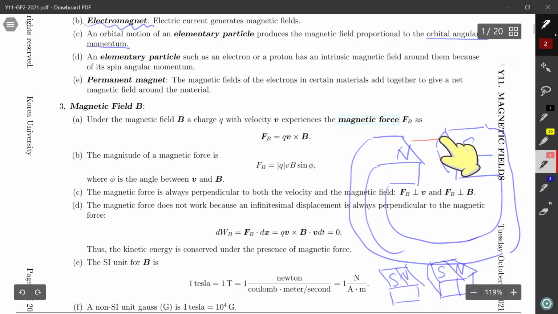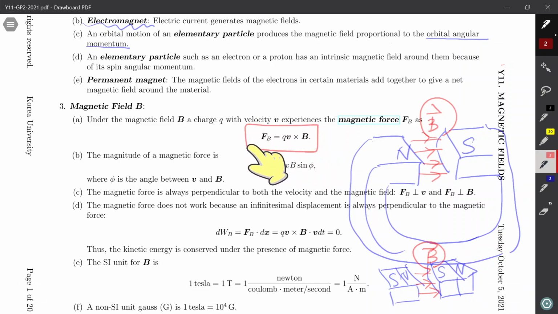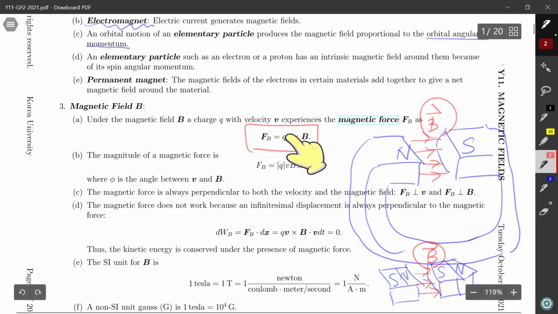Anyway, between the north pole and south pole, magnetic field is generated. Once this magnetic field exists, a very important point is that a charged particle moving with velocity feels the magnetic force.